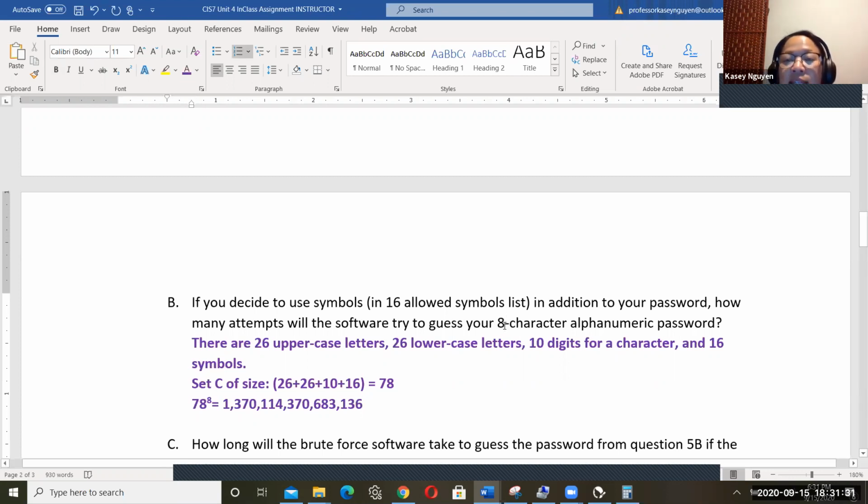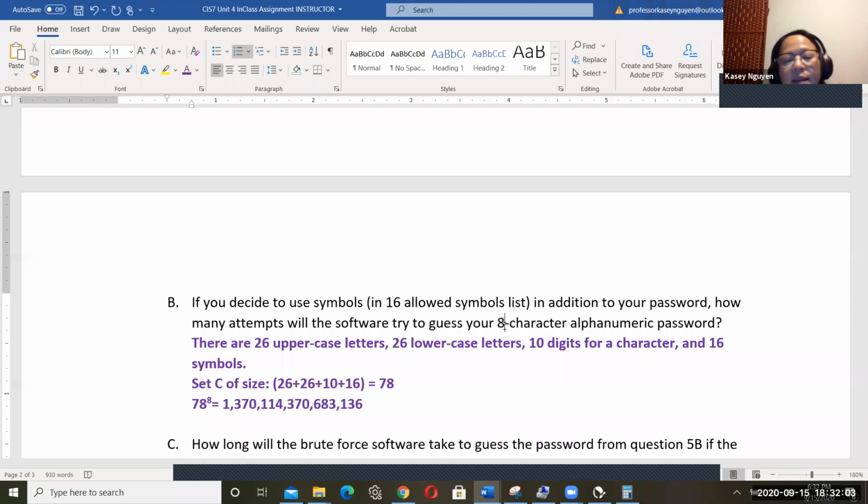So as you can see, when you have allowable symbols to be added to the option for your set, it changes the scale of the password. Now in security, we say that we're just buying time, right? Time is a factor. So eventually somebody will be able to crack that password if they have the appropriate resources, which is processing power and time.